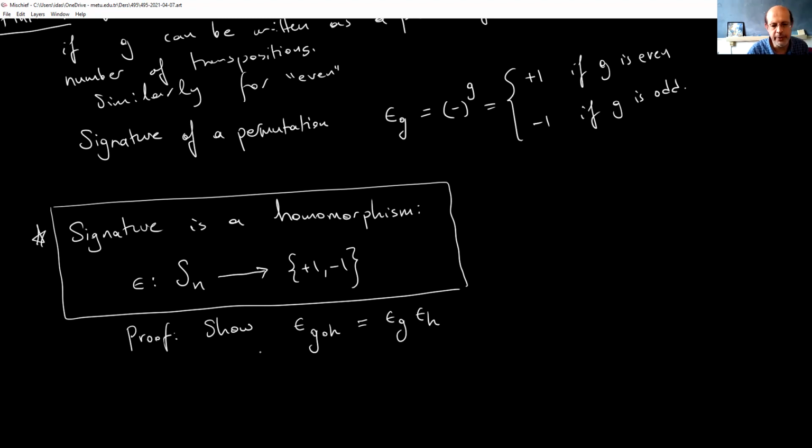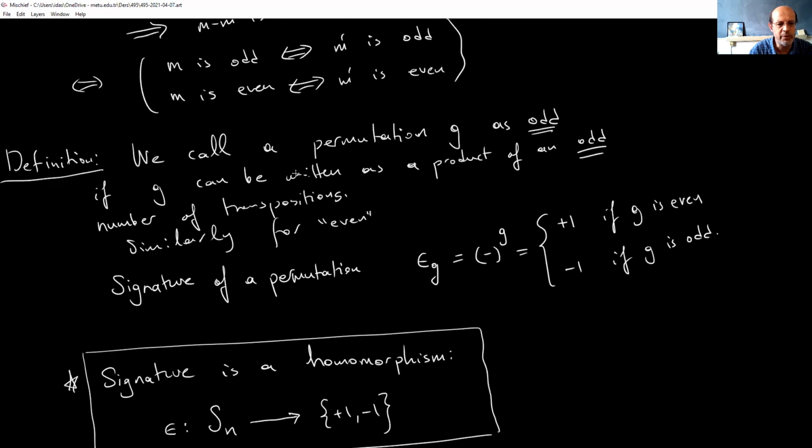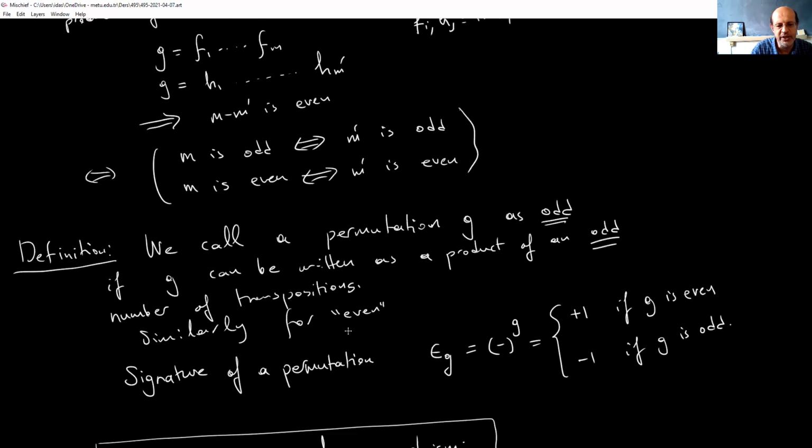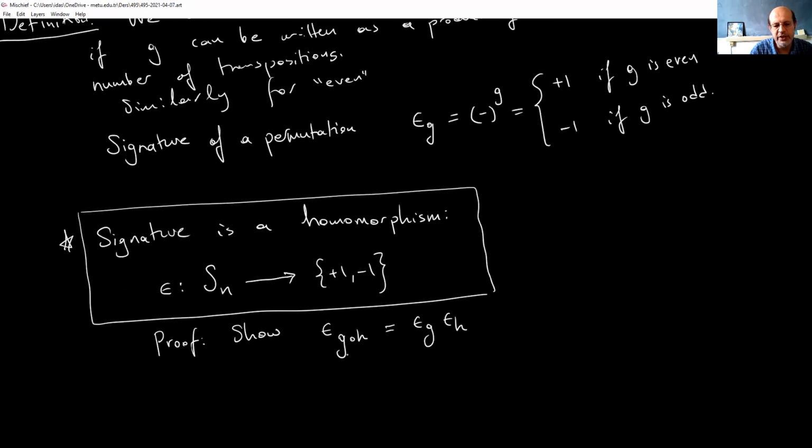But this is kind of obvious because of the definition. The signature is -1 to the power m in that expression. So evenness or oddness is decided by the number of transpositions in an expression. So this is somewhat natural, right? Just show it. I'm going to leave that to you.